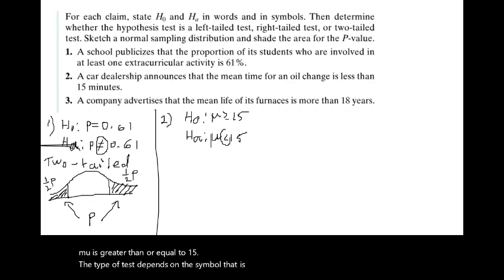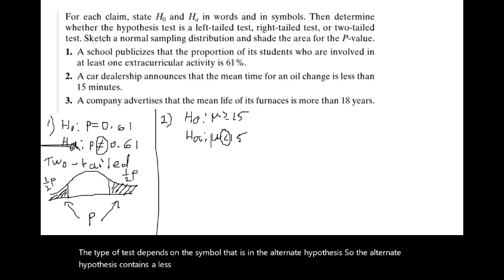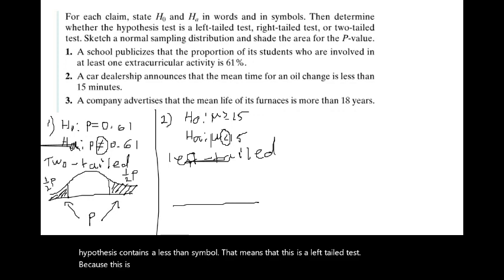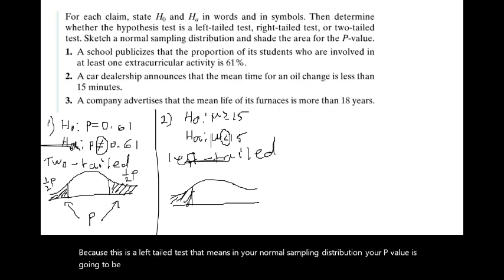So the alternate hypothesis contains a less than symbol. That means that this is a left-tailed test. Because this is a left-tailed test, that means in your normal sampling distribution, your p-value is going to be the area to the left of your standardized test stat.